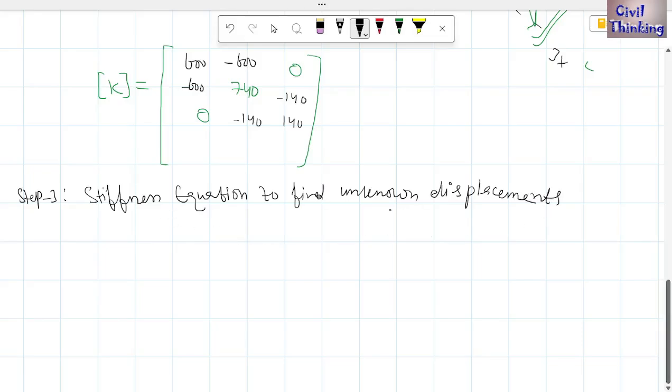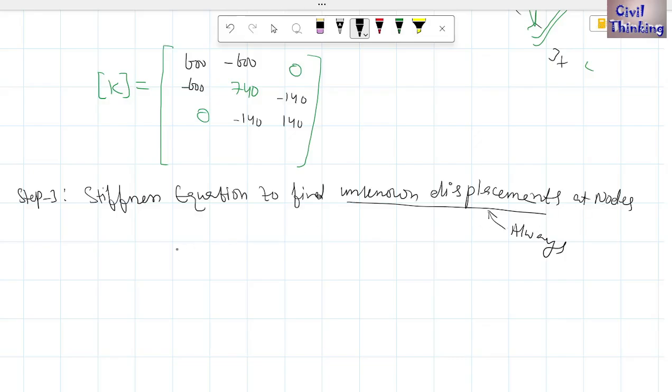We always find this first. Always. So unknown displacements we have to always find, at nodes. Of course at nodes, because in the finite element method we use the displacement of the nodes.